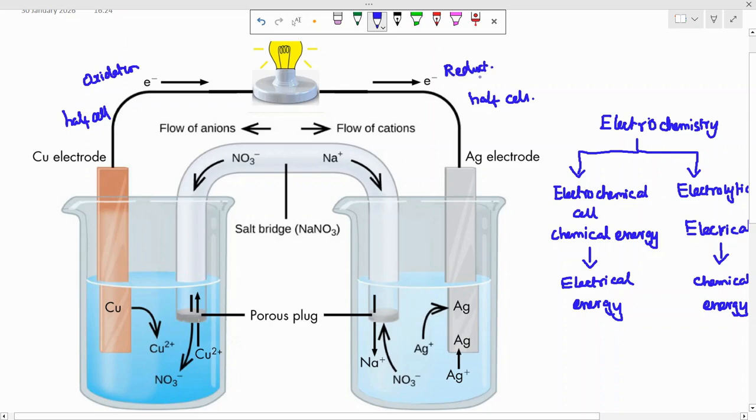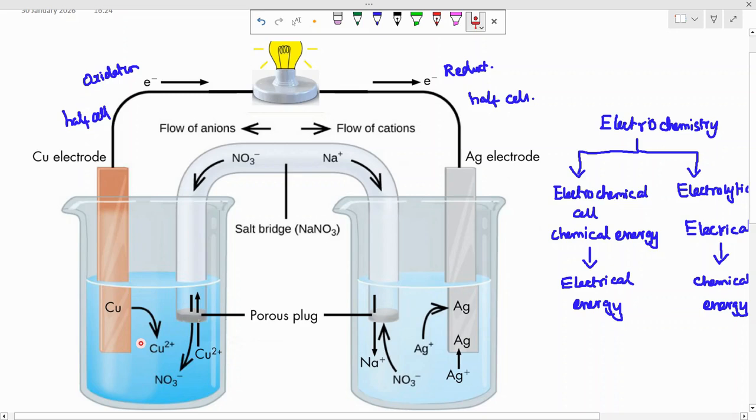Copper will lose the electrons and dissolve as copper 2+ ions. Copper lost 2 electrons, and after releasing them, copper could not remain a metal. Only if it is a metal can it stay on the electrode. But now it has been converted into ions, so it will be dissolved completely in the aqueous part.